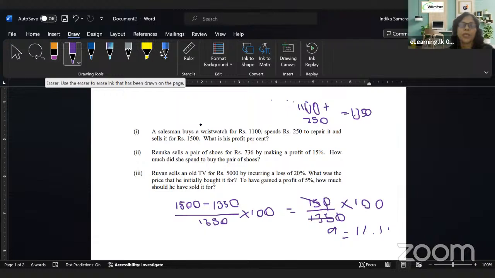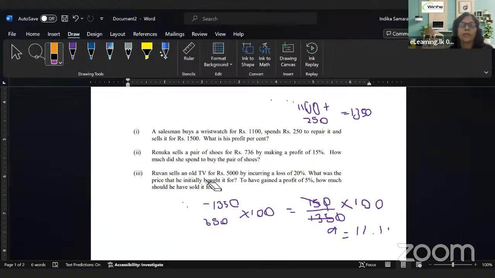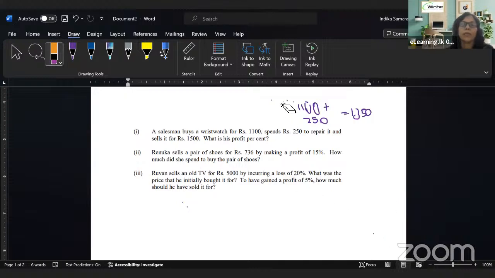How much did he spend to buy the pair of shoes? මෙතෙන්දි මොකද කරන්නේ? කියනවා රේණුක ෂූ එකක් සේල් කරාලු 736. right? profit එක සේල් කරාම profit එක යාට 15% ලැබුණා.